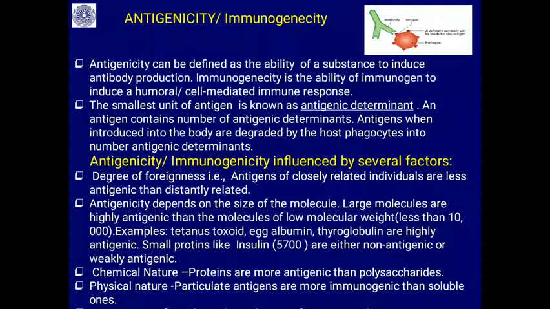Small proteins like insulin, which is just 5.7 kilodalton or 5700 Dalton, are either non-antigenic or weakly antigenic. Chemical nature: we have studied that proteins are more antigenic than polysaccharides. Then physical nature: particulate antigens are more immunogenic than soluble antigenic molecules.